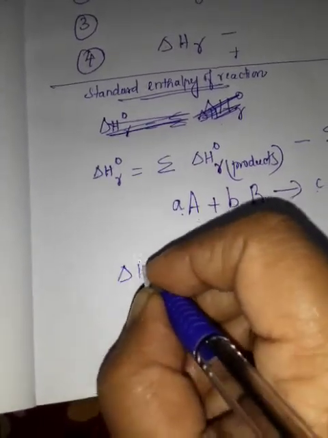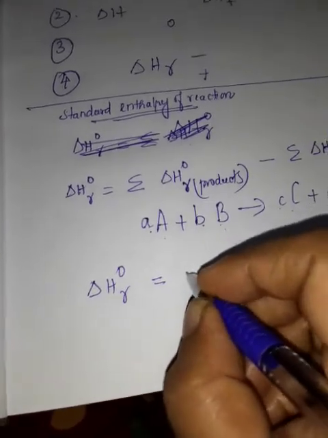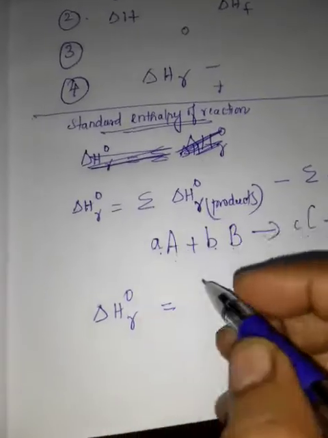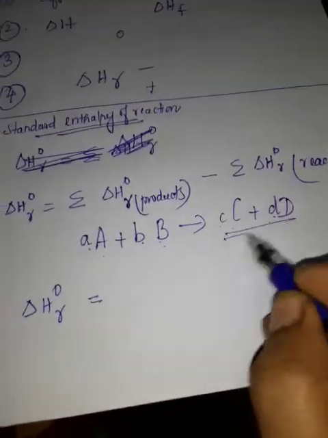So we will write delta H naught R as the summation of products. This is the product.